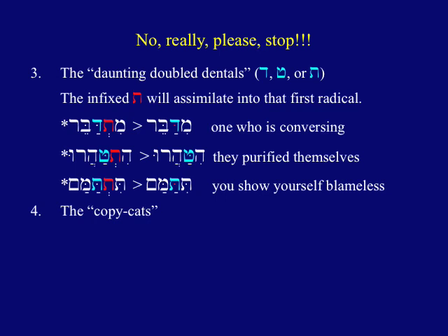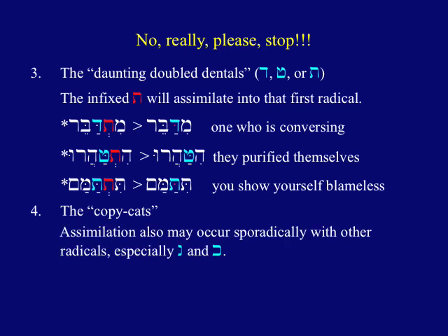And then there's just those couple of guys that aren't initial sibilant and aren't first dental, but they just want to act like it. No rule here to learn, just being aware that there's a little sporadic assimilation going on here, especially with noon and kaf. So, root nun beit aleph, meaning to prophesy.